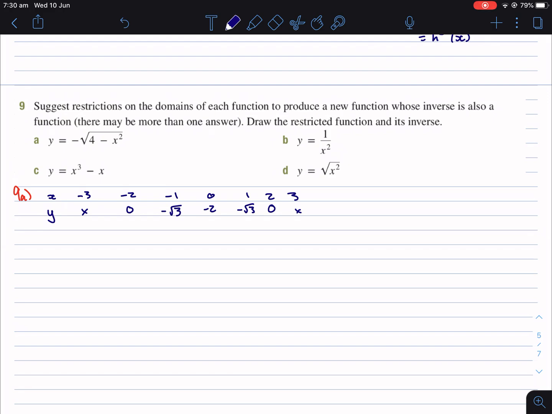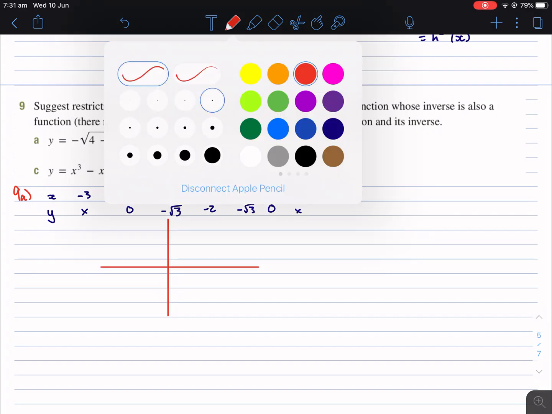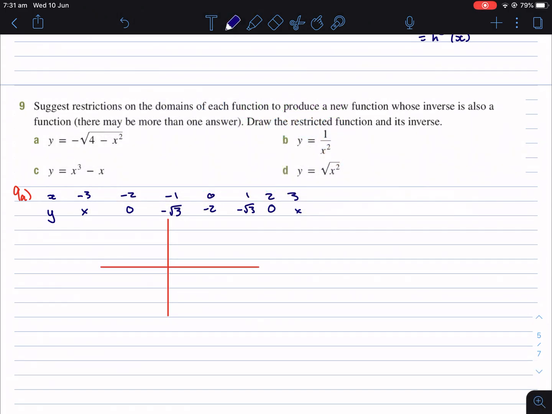So this is going to look like, so we've got zeros at 2 and -2.